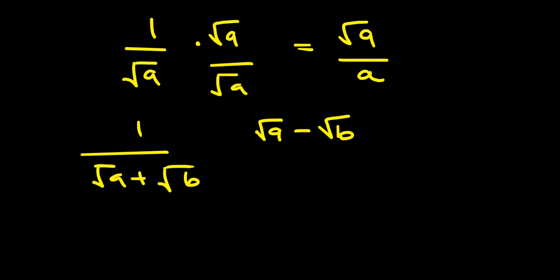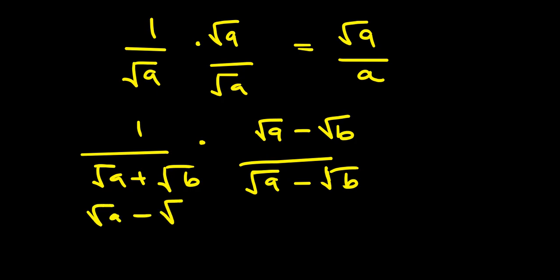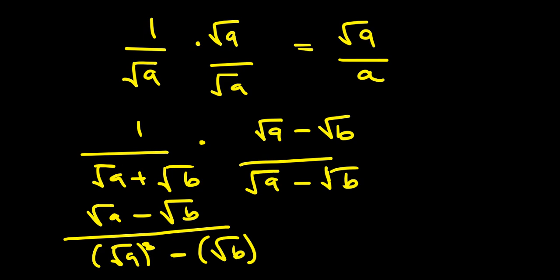When you multiply the bottom and the top by this, you get root of a minus root of b divided by root of a squared, since that's the conjugate, minus root of b squared.